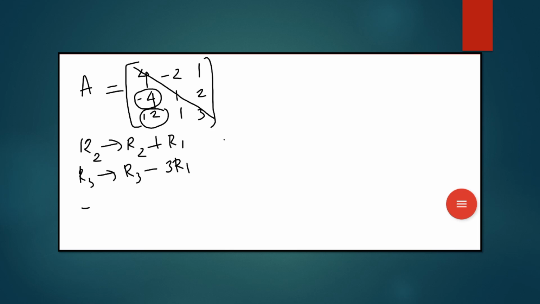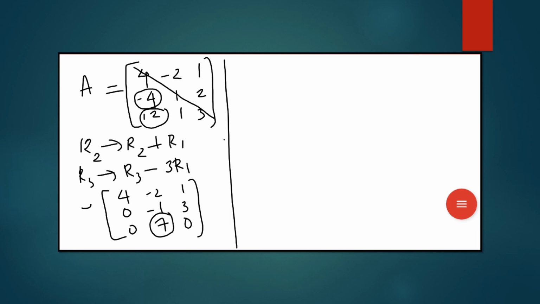From this we get the transformed matrix as 4 -2 1, 0 -1 3, 0 7 0. After this step you have to convert this 7 to 0. There is a -1 above that, so if you multiply that -1 with 7 and add them, you will get that number to 0.